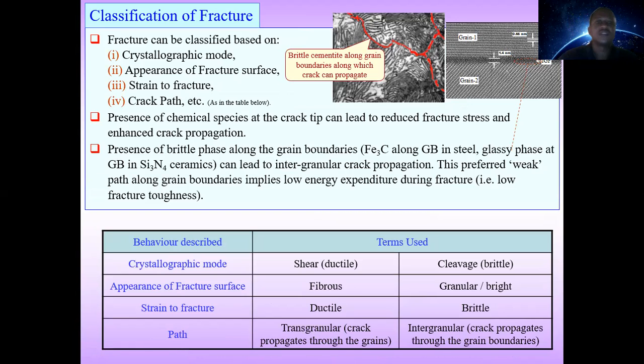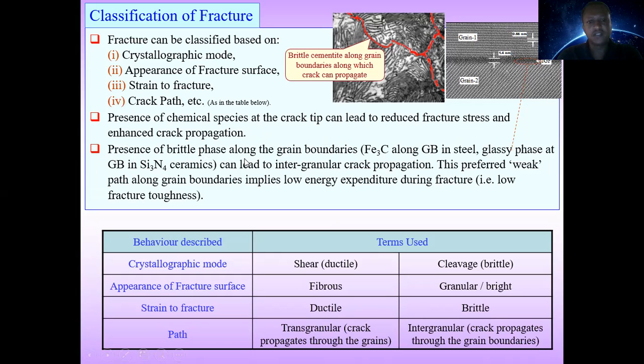Classification of fracture. Fracture can be classified based on the crystallographic mode, appearance of the fracture surface, strain to fracture, crack path, and other factors. The presence of chemical species at the crack tip can reduce fracture stress and enhance crack propagation.